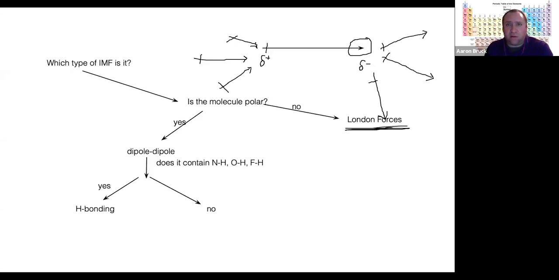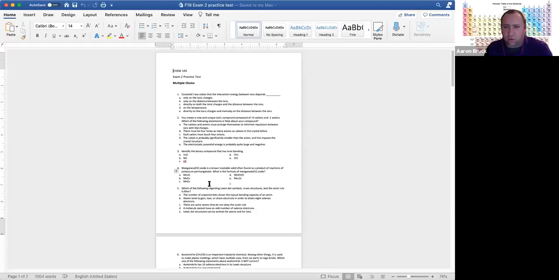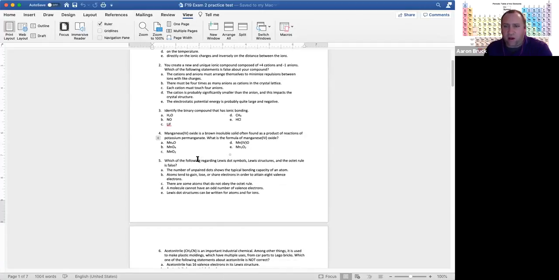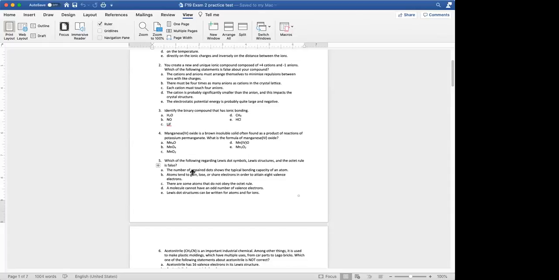Let me bring this up and share it. So if these are your options, ionic bonding, the easiest way to spot ionic bonding is for a metallic and a non-metallic component.